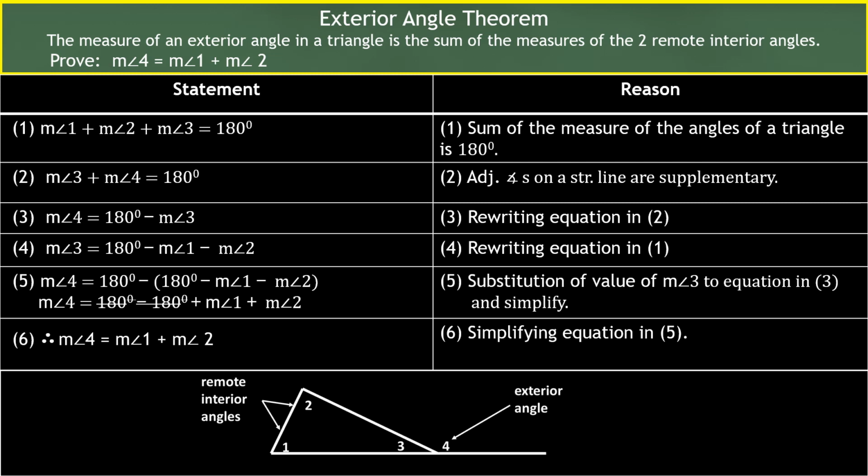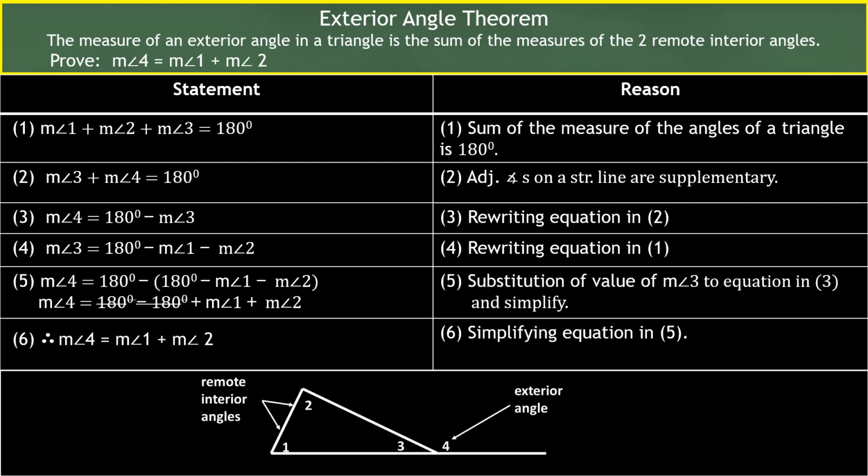Okay, so there's another property that we covered in the lessons before: adjacent angles on a straight line. The total is 180 degrees, or they are supplementary. Adjacent angles on a straight line are supplementary, so the measure of angle 3 plus the measure of angle 4 is equal to 180 degrees.